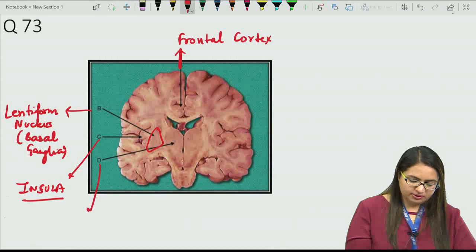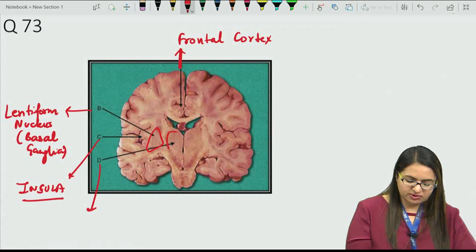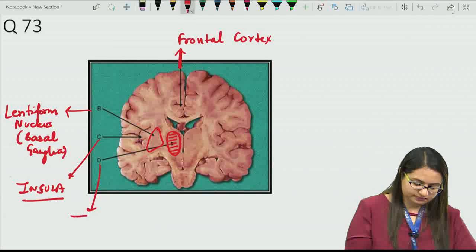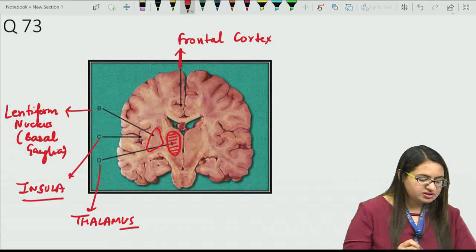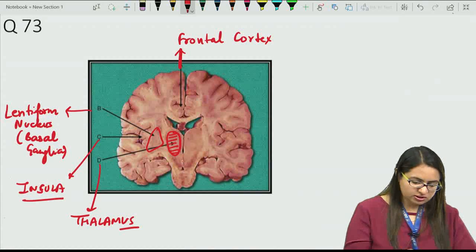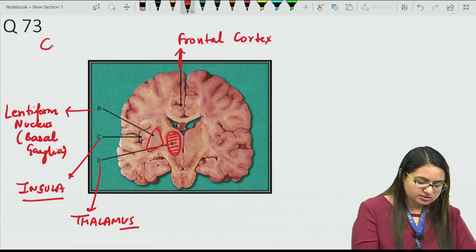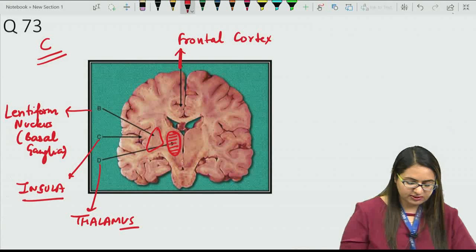The D arrow is towards a nucleus present towards the medial side, an oval shaped nucleus, and this is the thalamus. In question number 73, they have asked to identify the insula. So insula is at C. So the answer for this question is C.